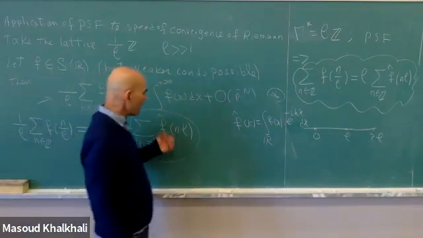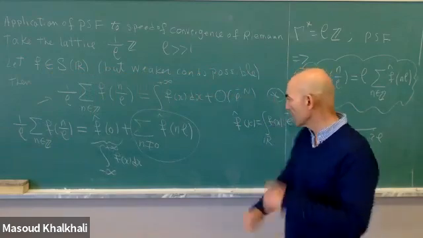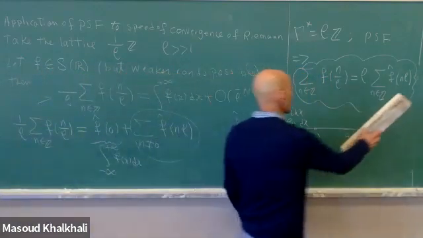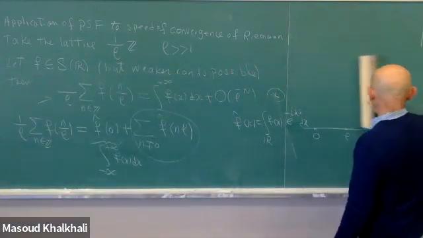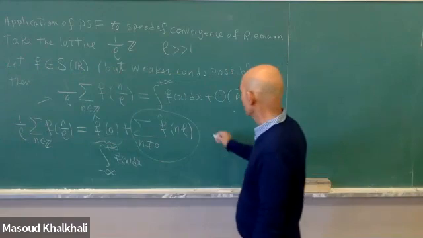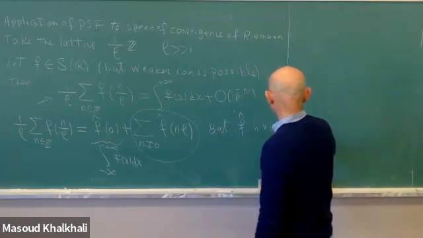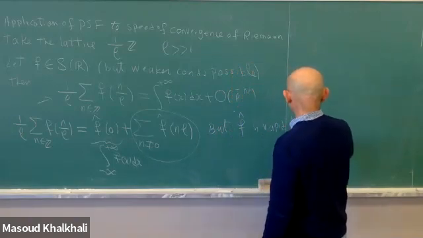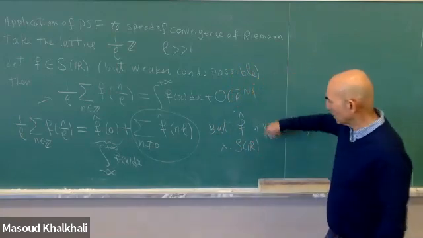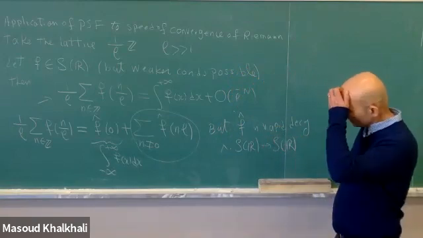This f hat is rapid decay. It's again in Schwarz class, right? The Fourier transform on Schwarz class is a bijective map from Schwarz to Schwarz, plus a lot of other beautiful properties, as we know.